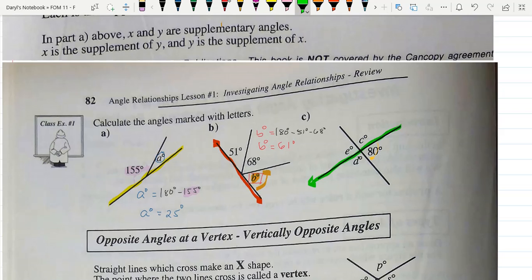So if you can see, if this is a straight line, angle D is just a supplementary of that 80 degrees. So that means that this particular angle measurement here is just 100 degrees, because 100 plus 80 is 180 degrees. Okay? So that would be 100 degrees.